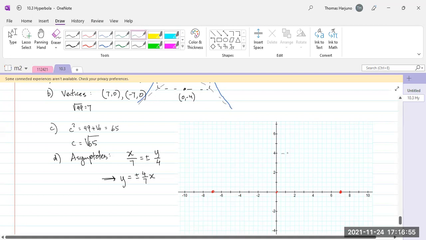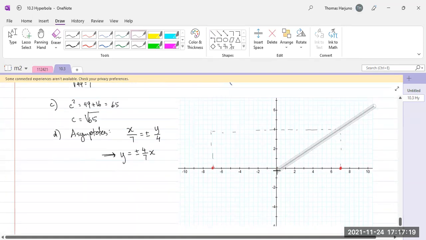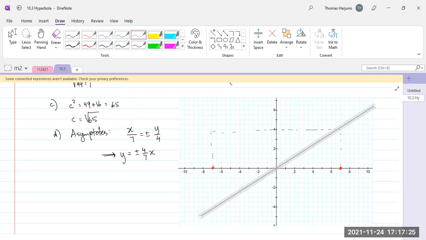Up 4, right 7. And up 4, left 7. So the asymptotes will be like this. Let me pull this further. And another one.